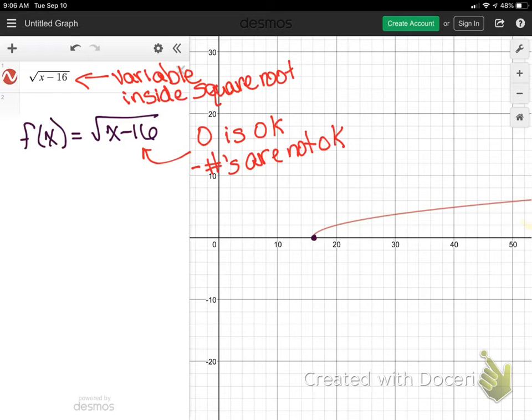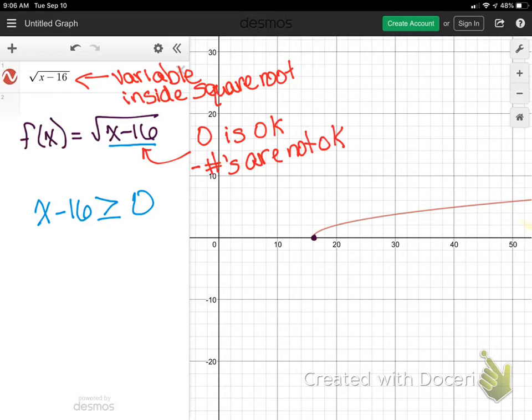So the way I solve this one is I take what's inside the radical and I set it greater than or equal to 0. It is okay if I get 0.